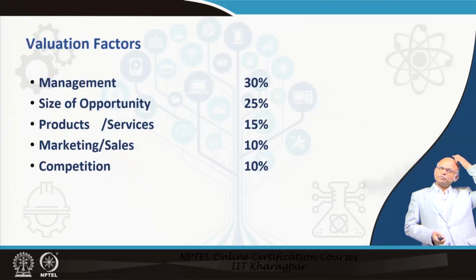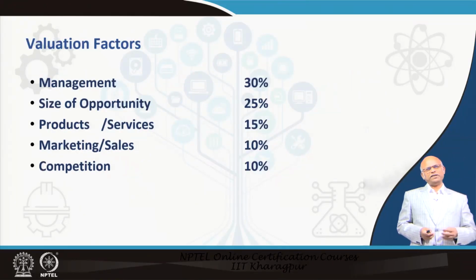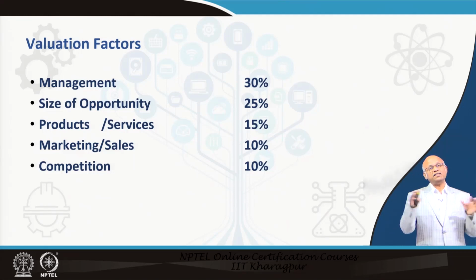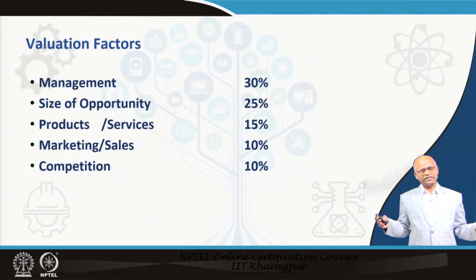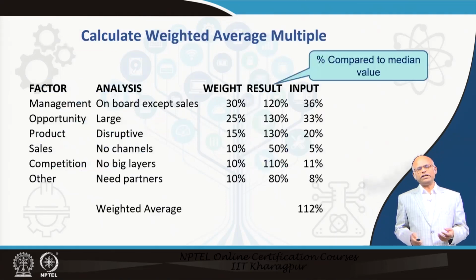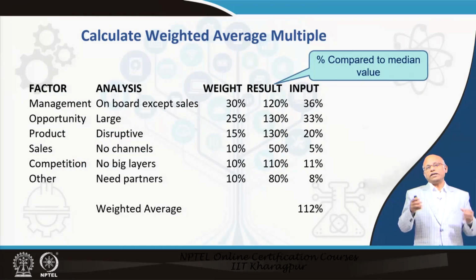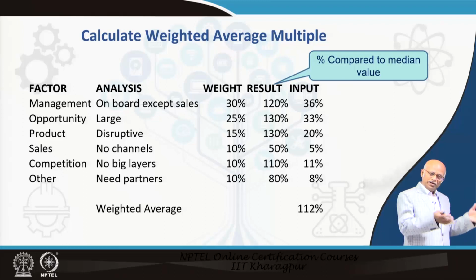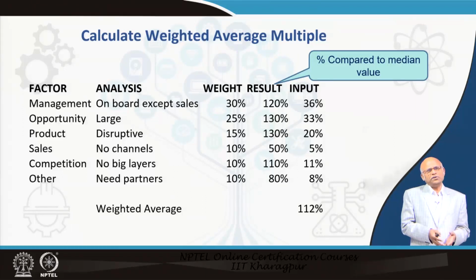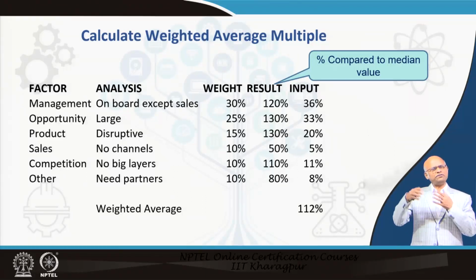Look at this. Suppose you think management is very important. So, management should get 30% of the valuation, size of opportunity gets 25% weightage, product gets 15% weightage, marketing gets 10% weightage, competition gets 10%. Now, you try to assess your own company. Suppose your company management is kind of wonderful.